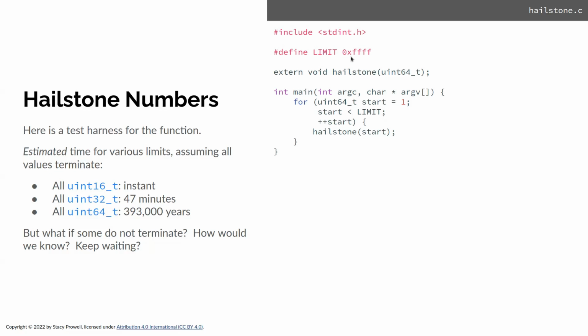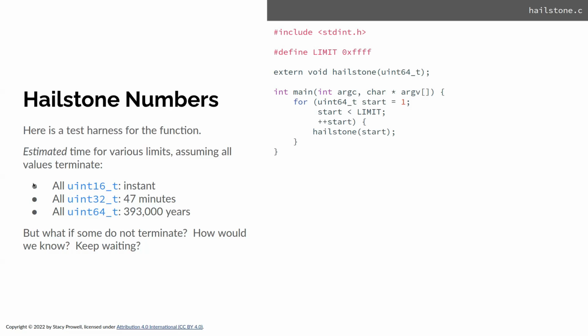In this case, we've got a 16-bit limit, and try the hailstone for that. If you run this with the 16-bit limit, it will terminate almost immediately because all of the 16-bit numbers terminate. And we've known that for a long time.